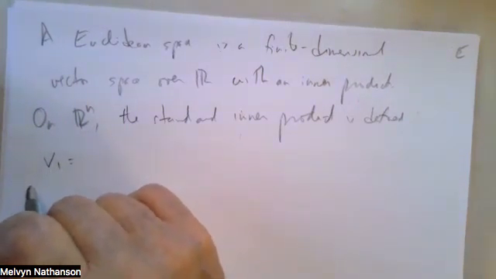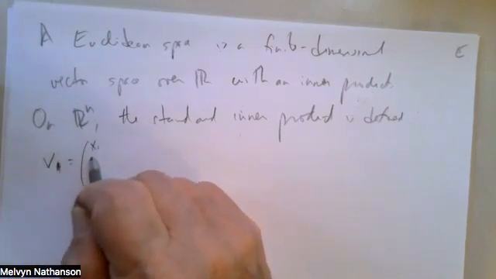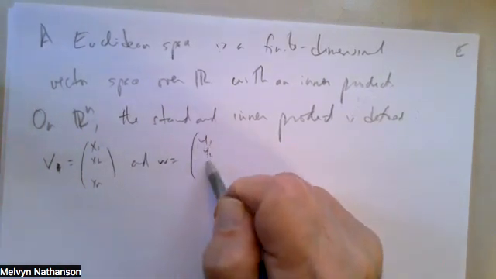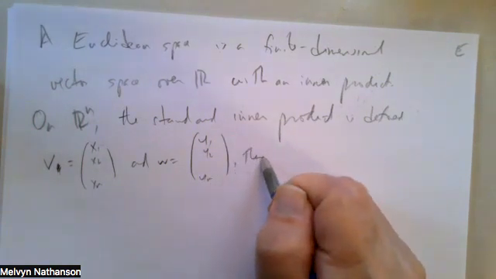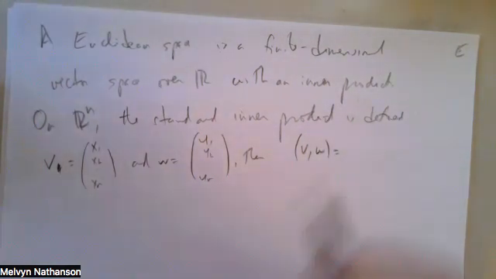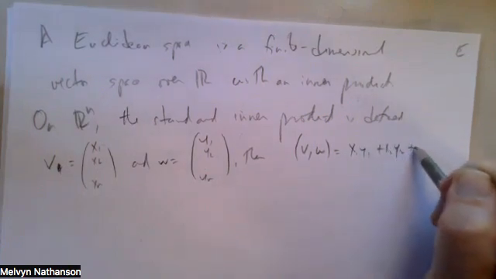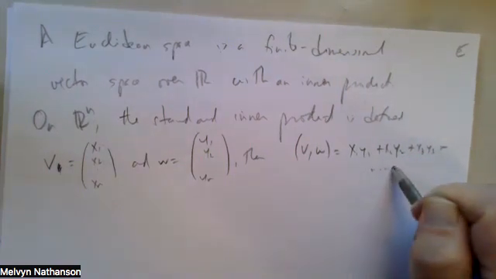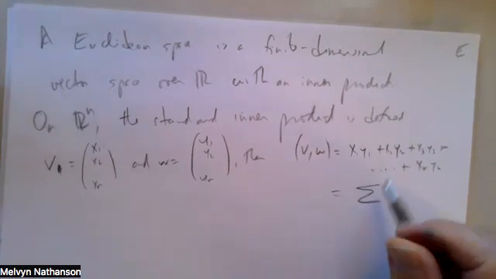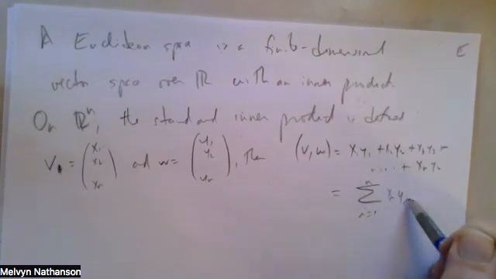If V is the vector x1, x2 down to xn, and W is the vector y1, y2 down to yn, then we define the inner product of V and W to be just the sum of the corresponding coordinates, x1 y1 plus x2 y2 plus x3 y3, up to xn yn. Or in sigma notation, this is the summation, i goes from 1 up to n, of xi yi.